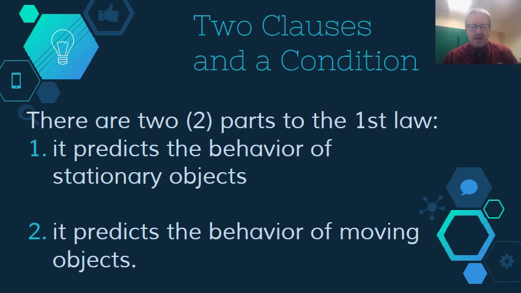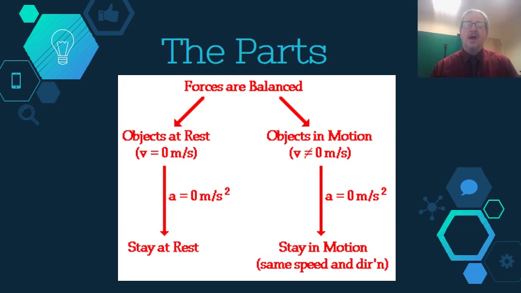So it's kind of a pretty intricate law in the sense that it deals with two different conditions, or two different stages. But we have a conditional statement that comes next. But before we get there, let's look at these two different portions of the law.